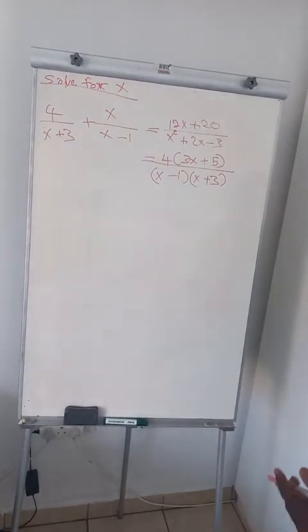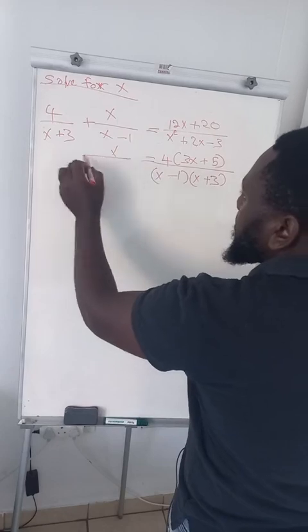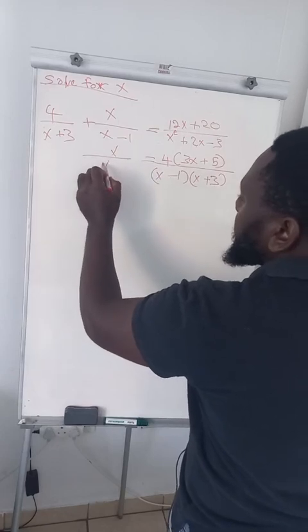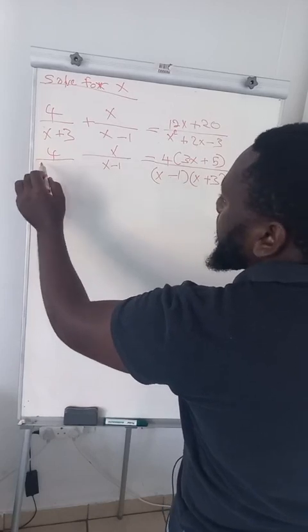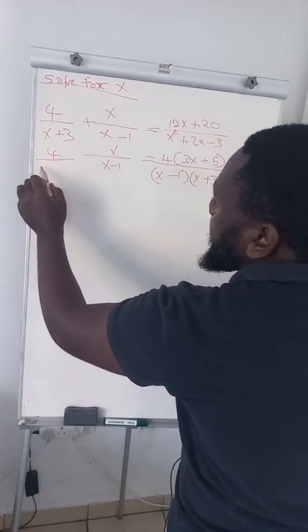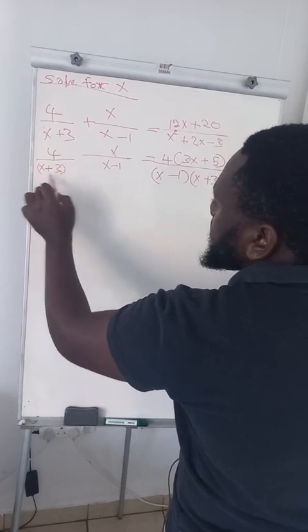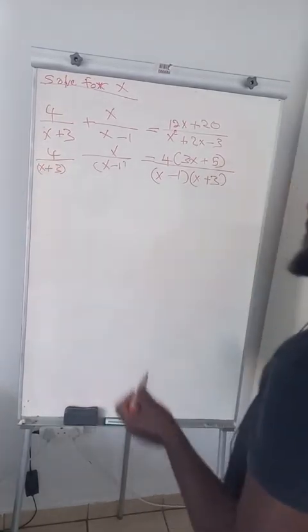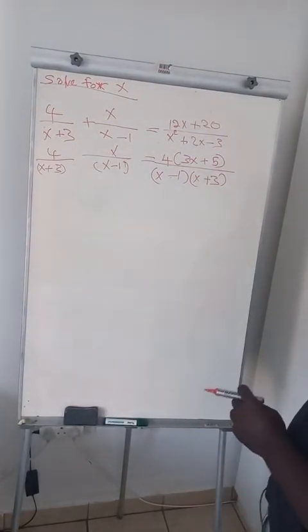So now, let's come back here. It means here you'll have x divided by x minus 1, and then 4 divided by x plus 3. This thing is like this now. Do you see that there are things which are the same?